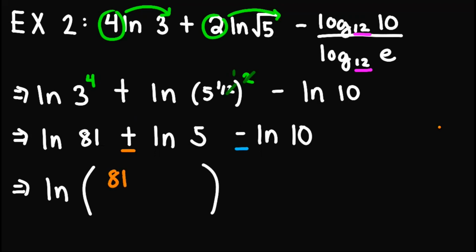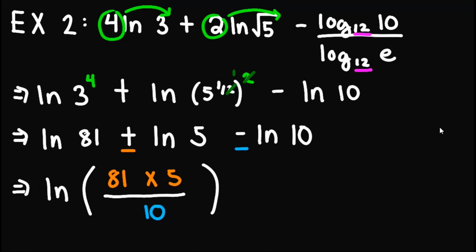So we've got 81 times 5. Then this is all over, since when we have a minus sign, it goes in the denominator, which is 10.